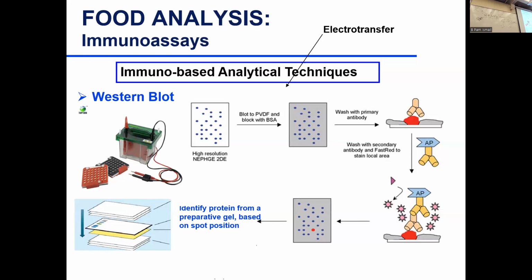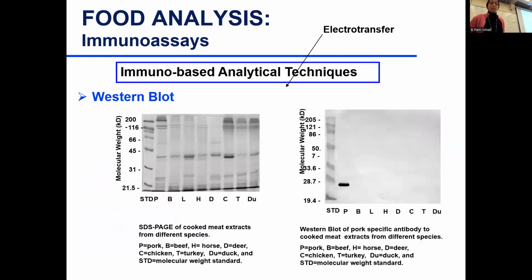This antibody is specific to the antibody that held your antigen. Then you also wash, add your substrate, and allow it to react. If you have that antigen, you will see a color at that particular spot. So it's a very nice technique. It's qualitative, and you can do the screening before you do quantitative analysis.